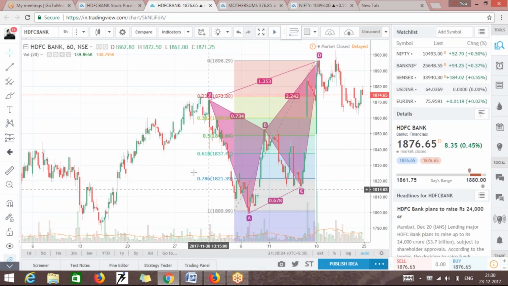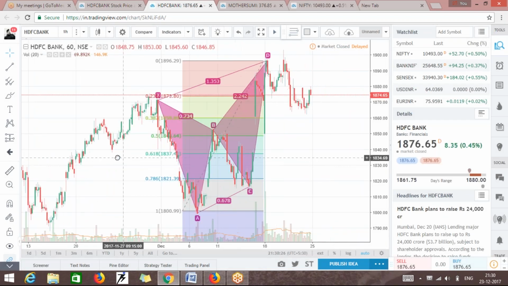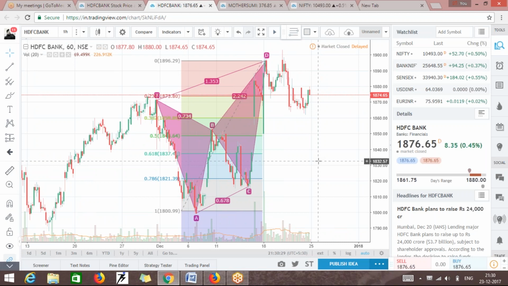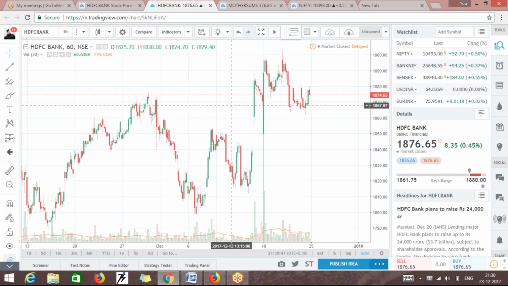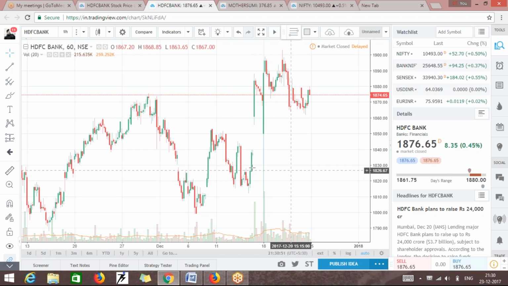See, it's already there. We do not need to draw the trend lines, as we have the tool available. Here also I have taken the latest one. As per this we could take a trade.